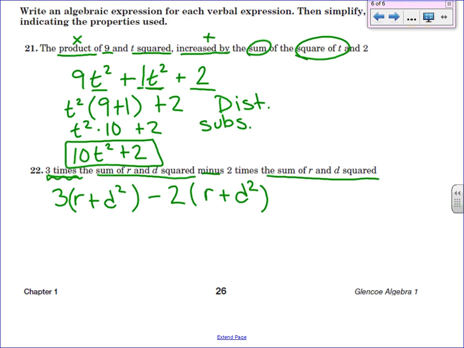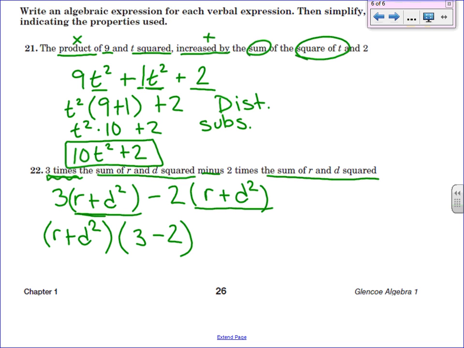Now this one's a little bit funky looking, but if you look, this entire thing right here matches in both. So those are both common factors. So we can pull that entire thing out. So in parentheses we have r plus d squared, and what's left behind then is 3 minus 2.